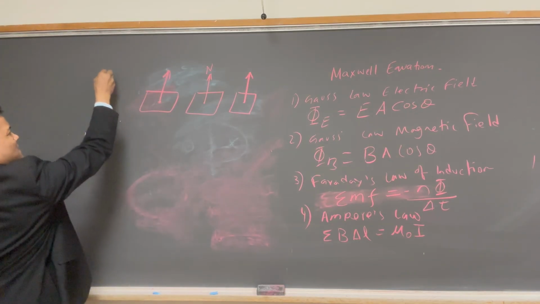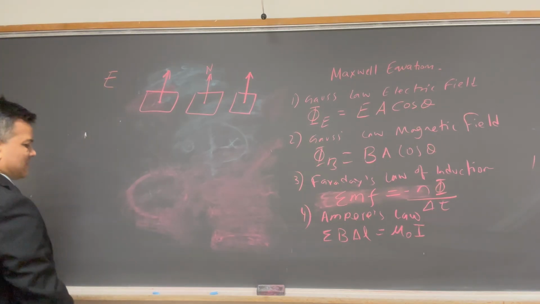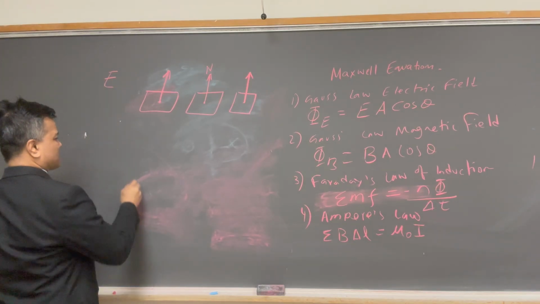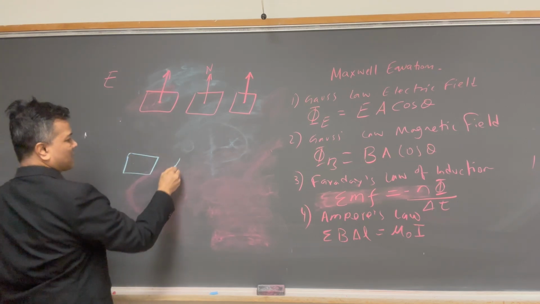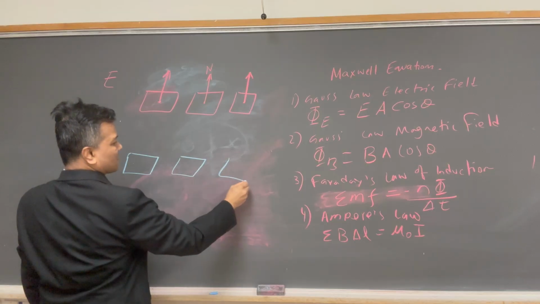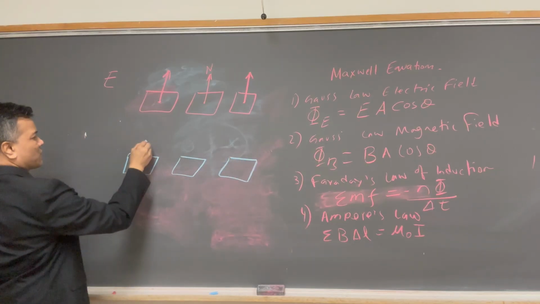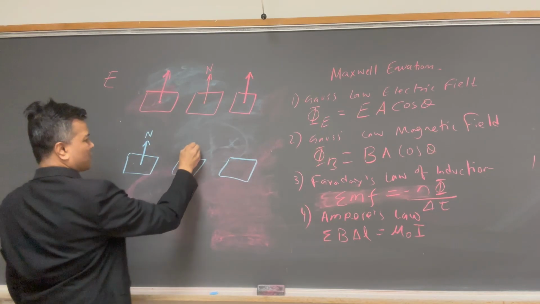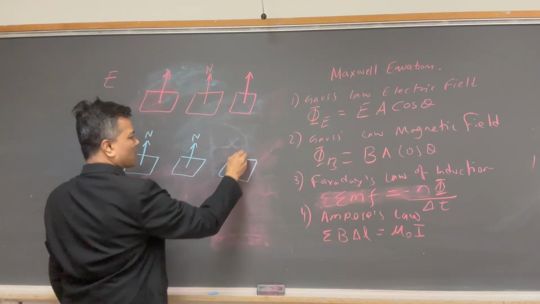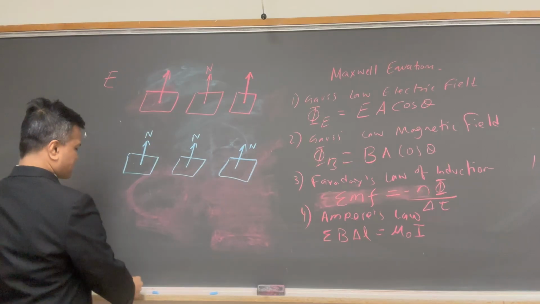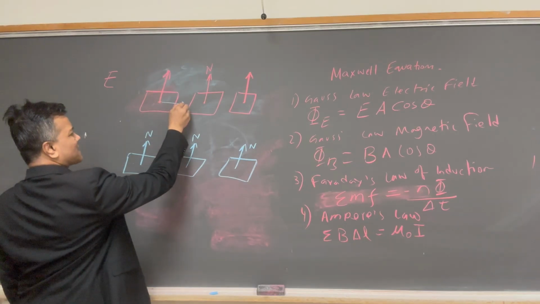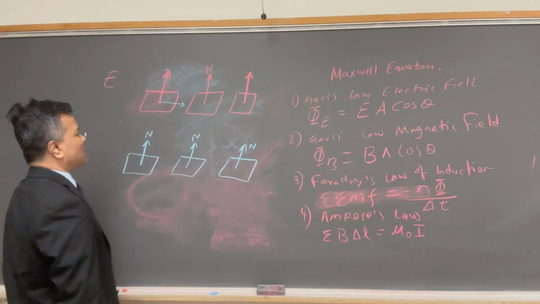So we're going to represent the magnetic field, this will represent the electric field, and this will represent the magnetic field. Again, this is the normal with respect to the surface. Now this one, if this is the magnetic field, it could look like this.